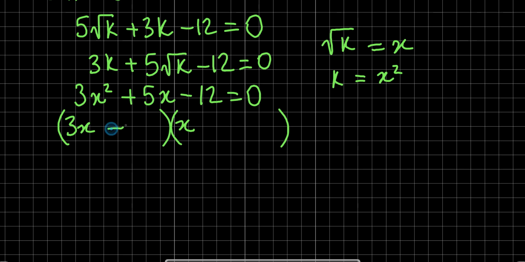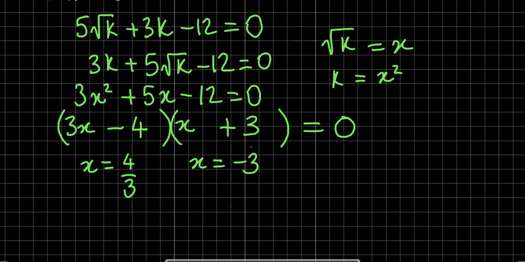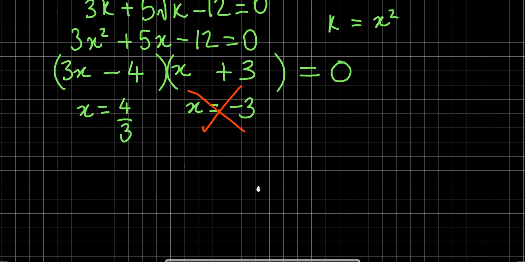So here we would have 3x minus 4 and x plus 3 is 0. So x on this side is 4/3, x on this side is negative 3. We won't be having the negative because it's not possible. So what we're going to have is the positive value.